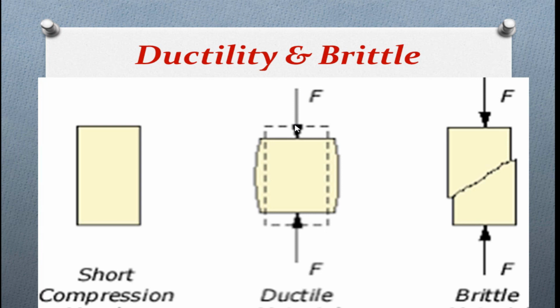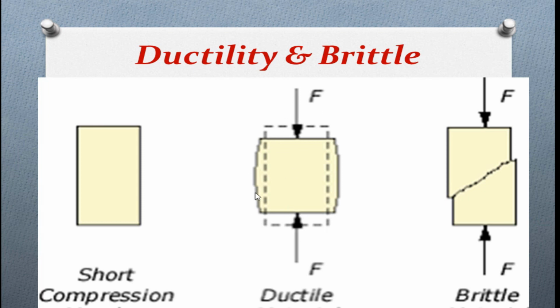When we apply the load, you can see in the dotted line, this is the original shape of the column. After applying the compression force at both the ends, you can see the bulging. This is what happens if we include the steel in the column.